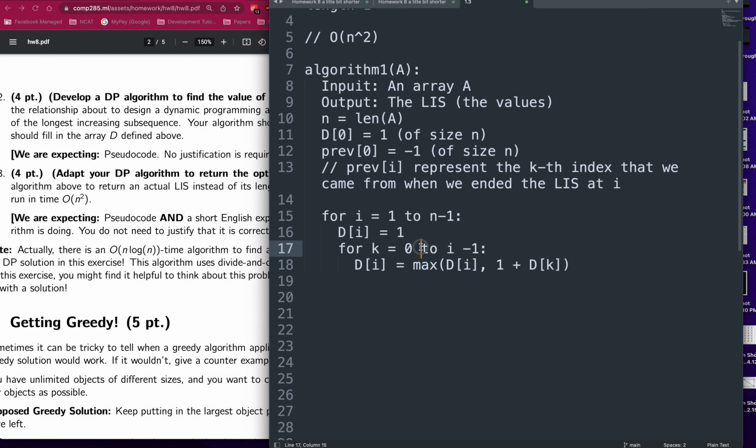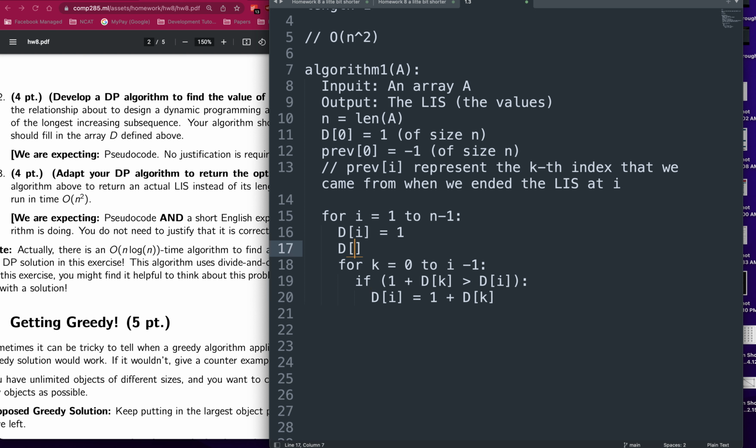So now what we're going to do is modify this inner loop. We're going to say, if 1 plus dk is bigger than di, then di gets updated to 1 plus dk. And we're also going to say here that pref I starts at -1, which is saying the longest increasing subsequence is just myself, and I came from nowhere.